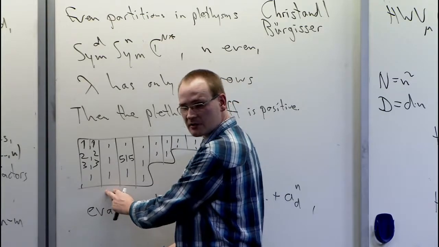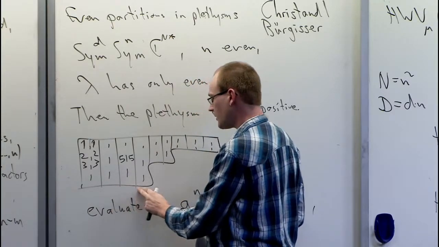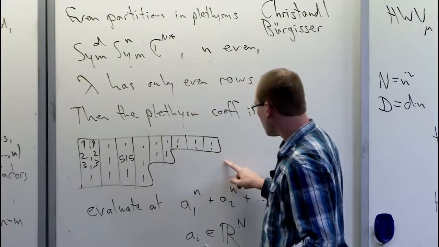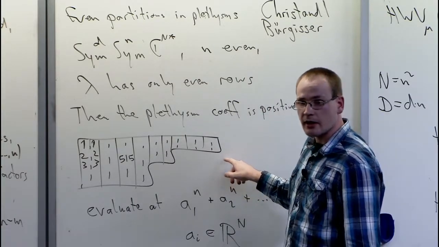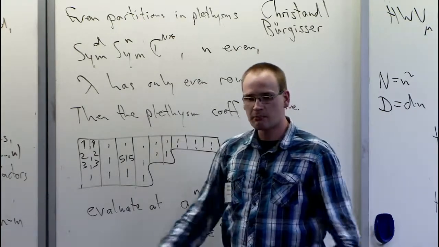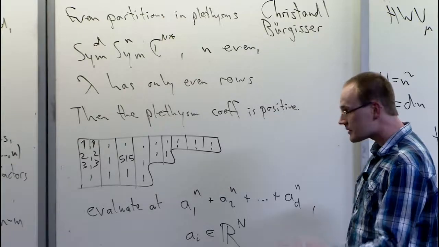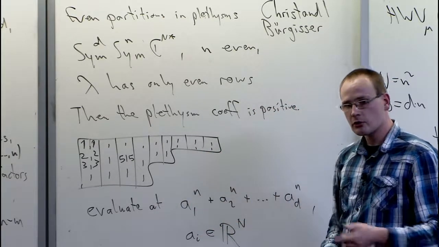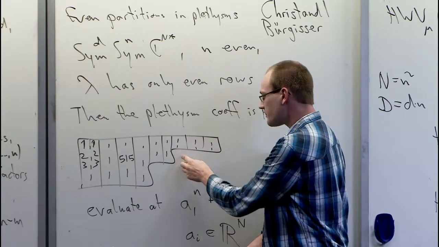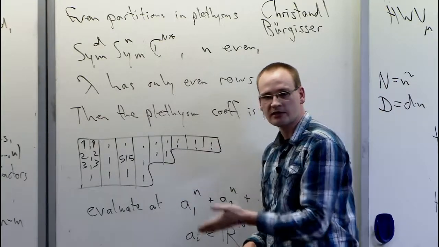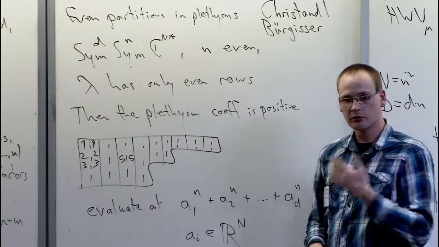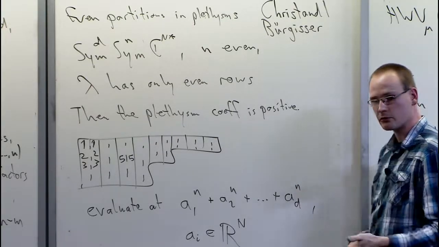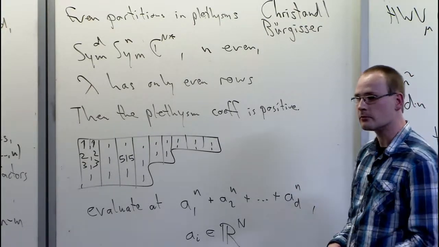And you pick up the same thing here, so you get a product of positive numbers, and you sum over all those, summing positive numbers only, and this is non-zero. So you show by evaluation at the power sum that this polynomial evaluated there gives a non-zero value. In particular, this polynomial isn't zero, so the plethysm coefficient is also not zero.